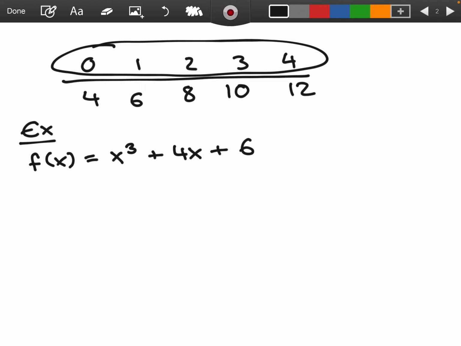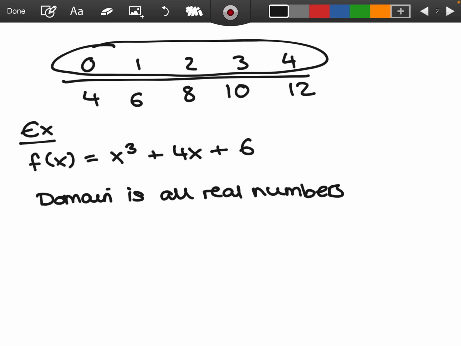If you have any standard polynomial, whether your leading term is an x squared term, an x cubed term like we have here, x to the 6, whatever it might be, it has a domain of all real numbers. There are a couple of ways that we can denote that, and be aware of this for homeworks and exams.